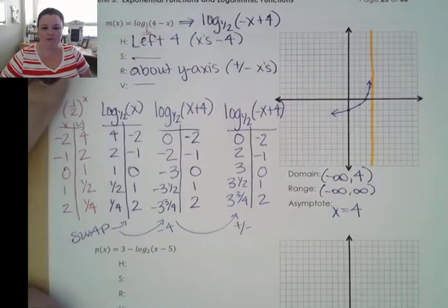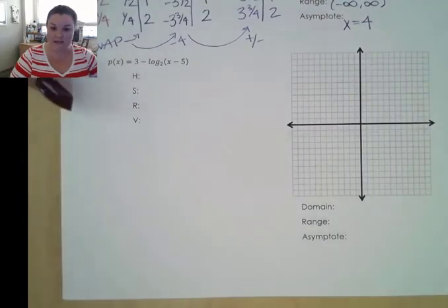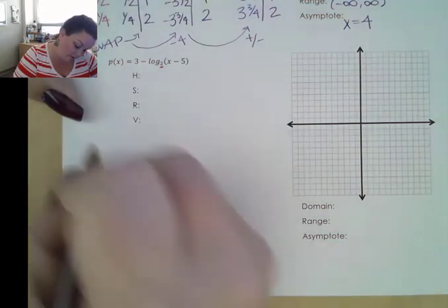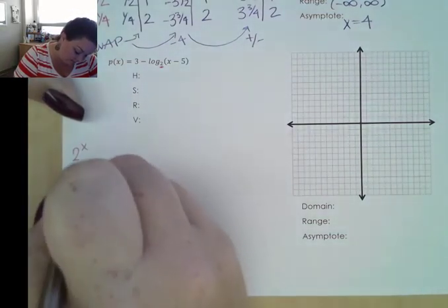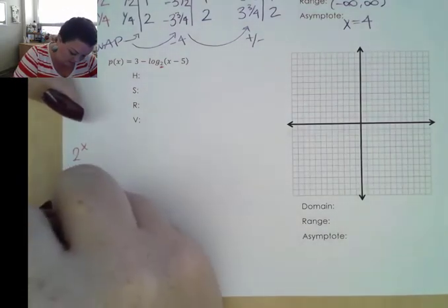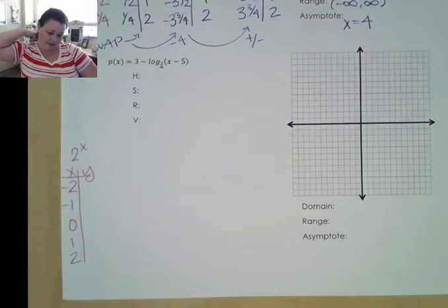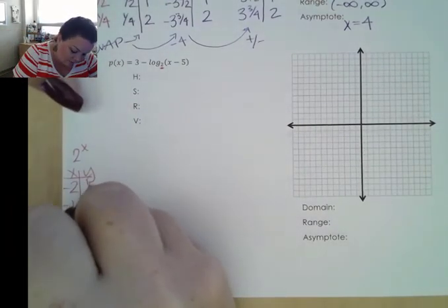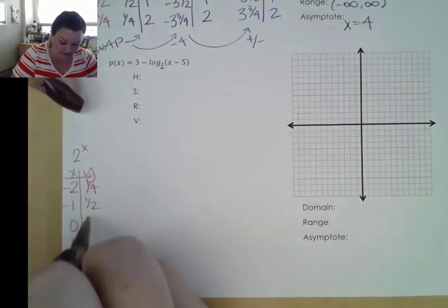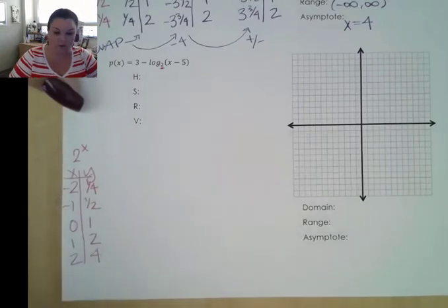Okay. Let's look at this next one. First thing I do again is always look at that base. The base here is a 2, so I'm going to start with 2 to the x power so that I can get my parent log. So -2, -1, 0, 1, and 2. When I do 2 to the -2, it gives me 1/4. 2 to the -1 gives me 1/2. 2 to the 0 is 1. 2 to the first is 2. 2 squared is 4.